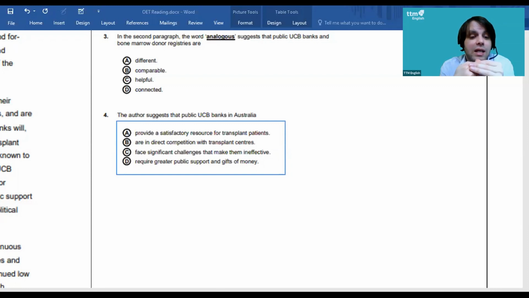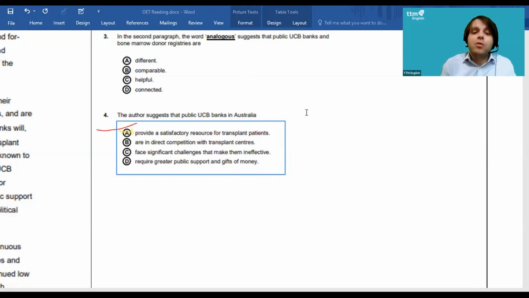A, B, C, or D. Sorry. Just type it into the chat box. You can draw on my screen as well. I know you're thinking now. Now, it's interesting this, isn't it? Provides a satisfactory resource for transplant plans.